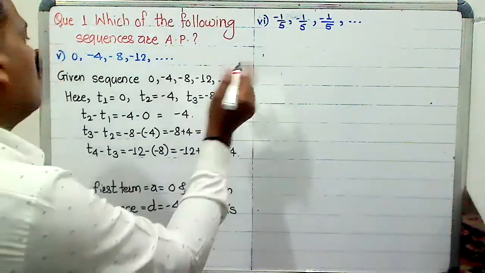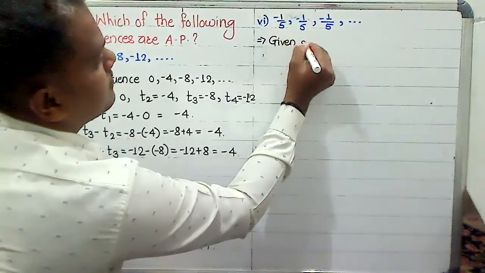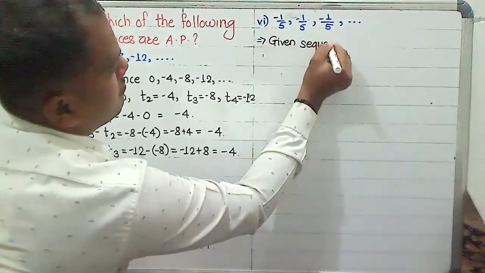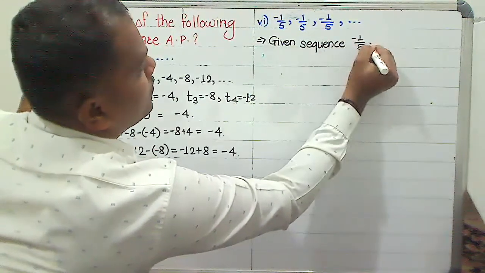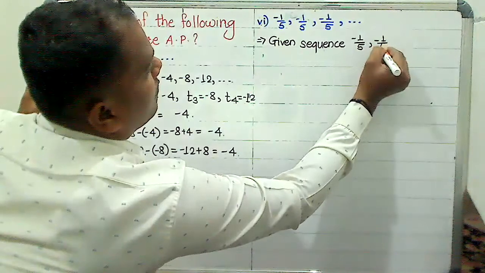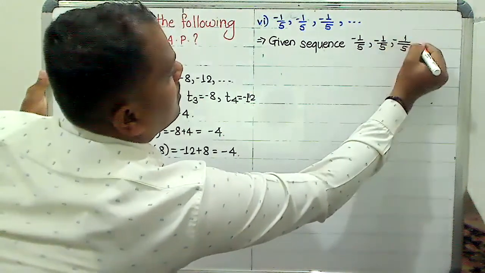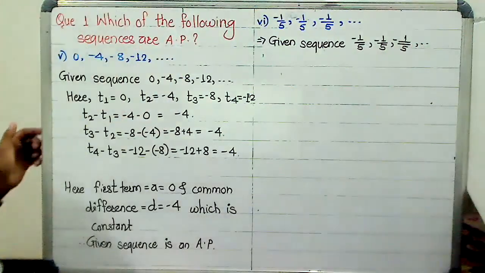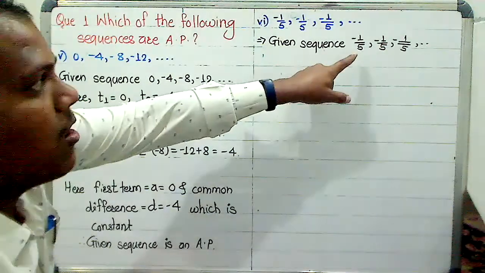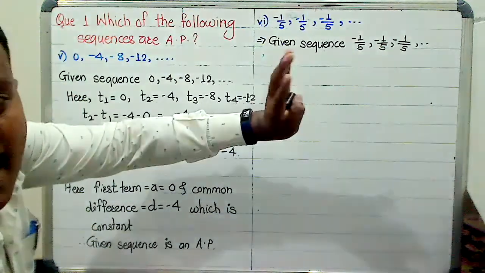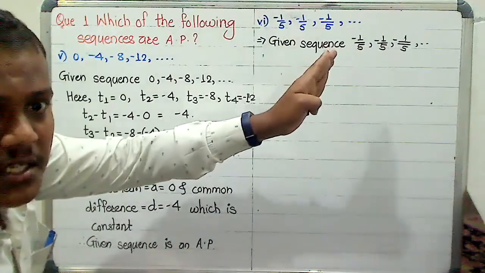So here again you have to write the given sequence. So given sequence is minus 1 by 5, minus 1 by 5, minus 1 by 5, and so on. Okay. So this sequence, if you observe carefully, all the terms from this sequence are same. So such types of sequence is called as constant sequence.